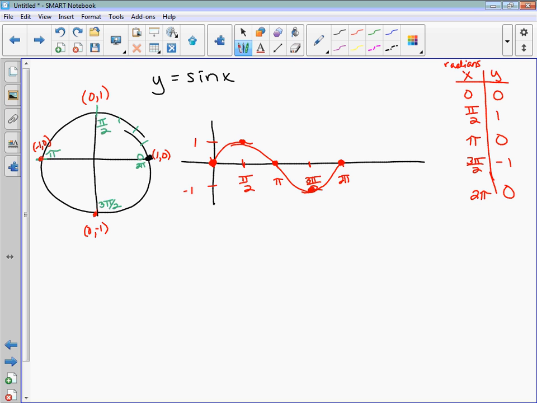What do you think it's going to happen after 2 pi? Yes, it keeps repeating. It's called a periodic function because it keeps repeating. This is the length of one period because that's how long it takes before it starts repeating again. Okay?